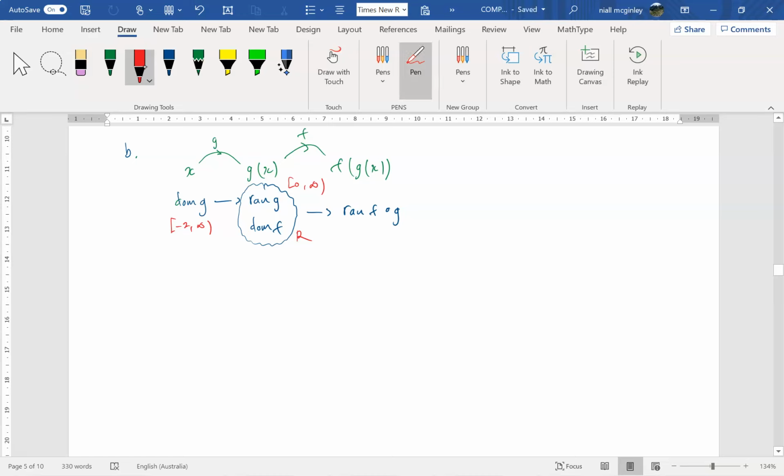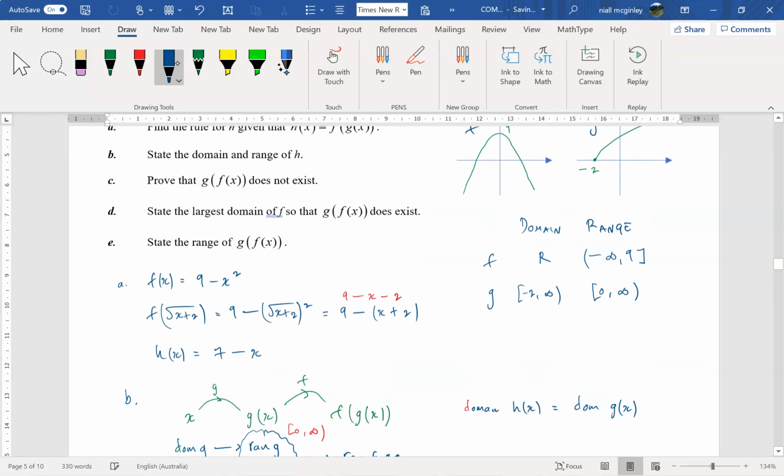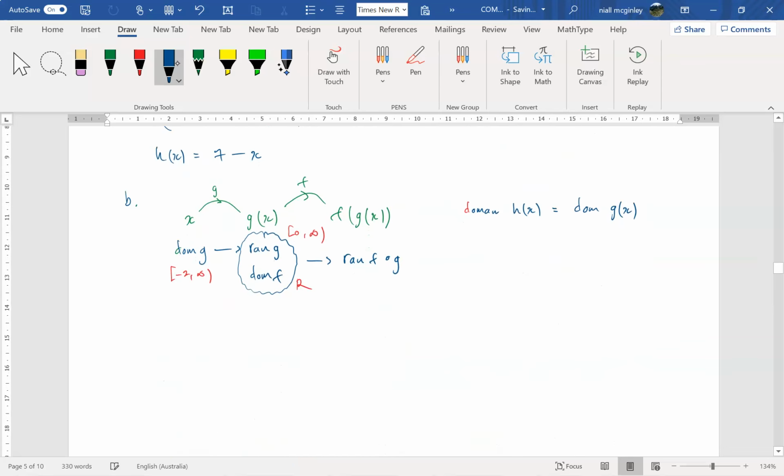There's no numbers getting produced after g that are going to stop the second part working. So here the function is going to exist, and because the function exists, we can say that the domain of h of x, the composite function, is the same as the domain of g of x. And we know that the domain of g of x is minus 2 to infinity.